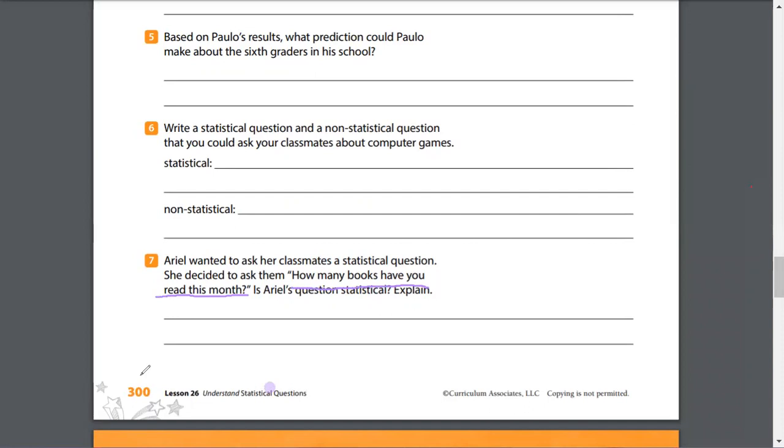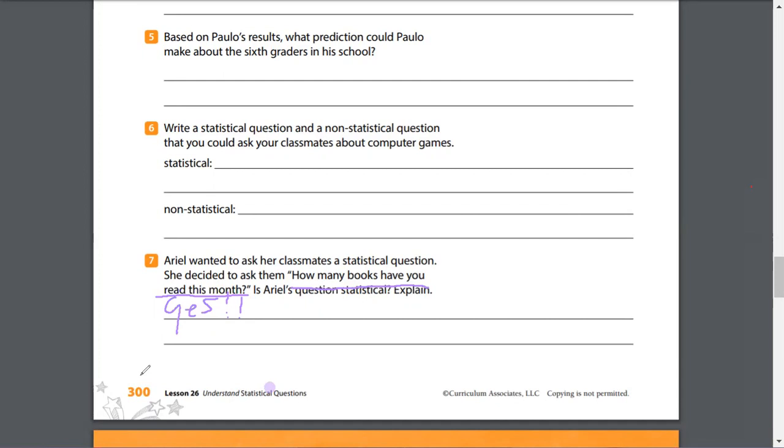That would be a statistical question because you're going to get more than one answer. Now, you will have to explain why that is a statistical question. But of course, I already explained it for you, so you can write that down in a complete sentence. Starting out, the answer may vary depending on what? Who you ask. Exactly. Right.